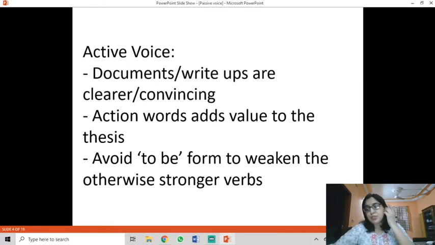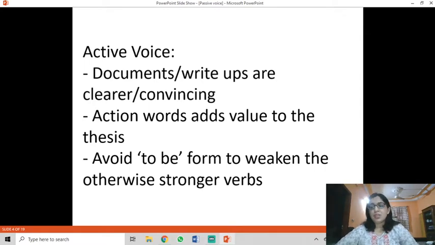If you are overusing passive voice, then your documents would be weaker. I'm going to explain later when you should use passive voice. There are some cases when you have to use passive voice, but otherwise in 98% of the cases you should talk in active voice. Action words add value to the thesis.